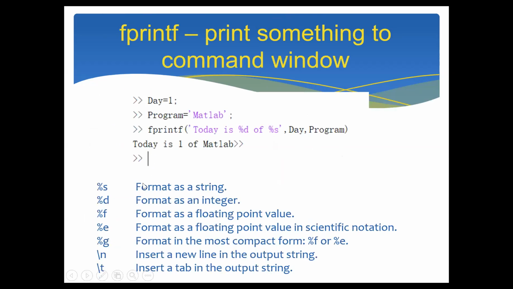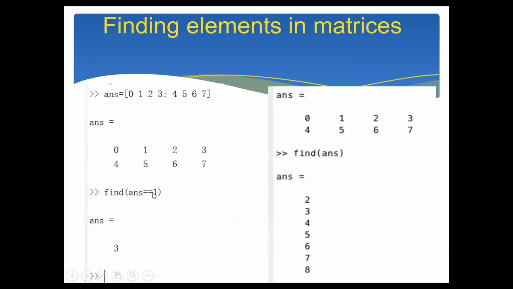If it's a single equal, it just gives the value to the variable. But if double equal, it is to check whether this variable equals this value. So find this matrix equal to 1 is to find where the element is equal to 1.